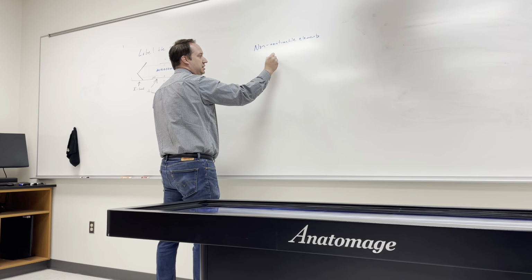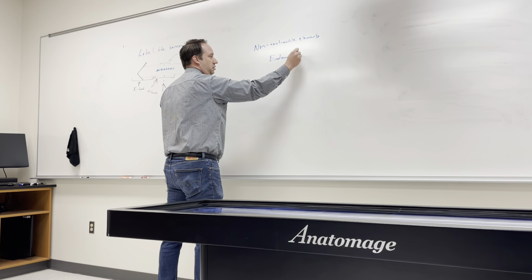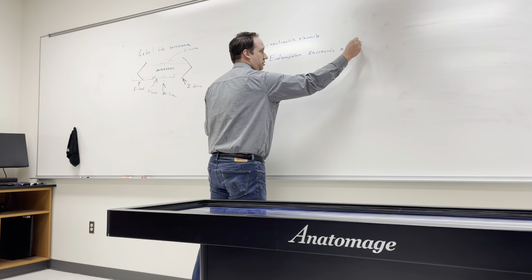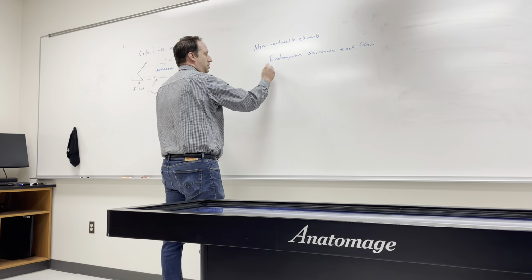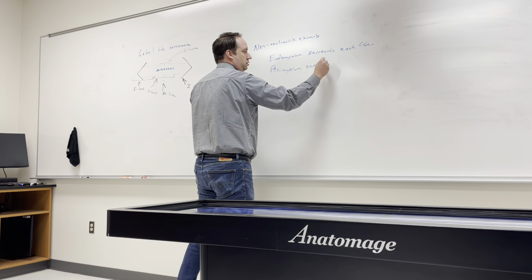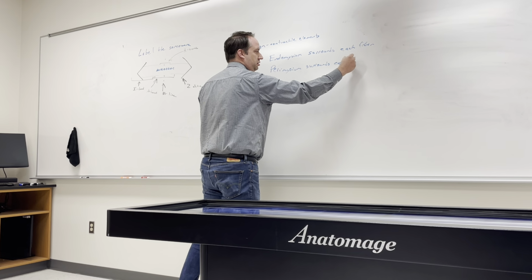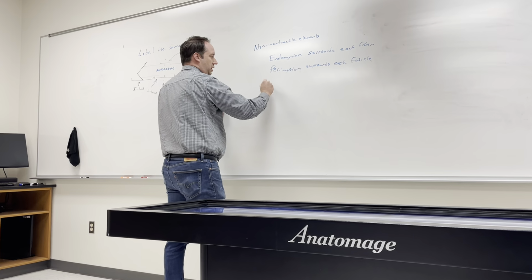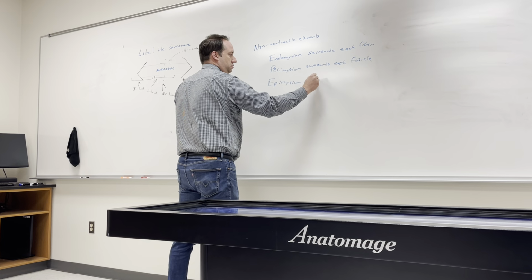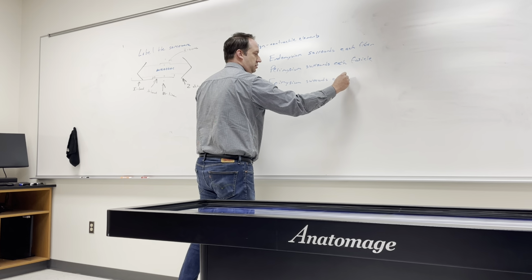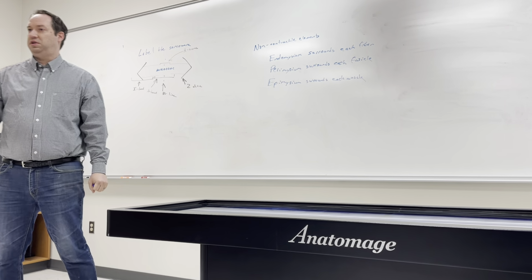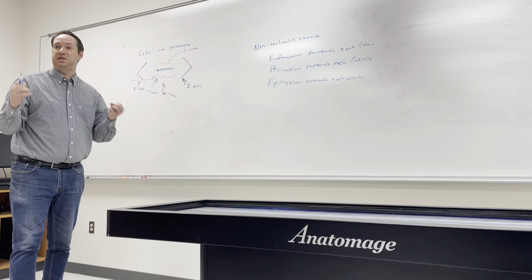You should know that the endomysium surrounds each fiber, the perimysium surrounds each fascicle, and the epimysium surrounds each muscle. Connective tissue wrappings surrounding each of these sub-elements of the skeletal muscle.